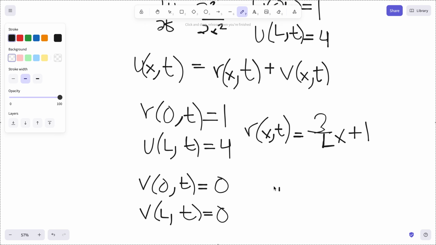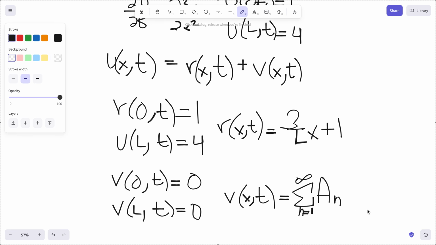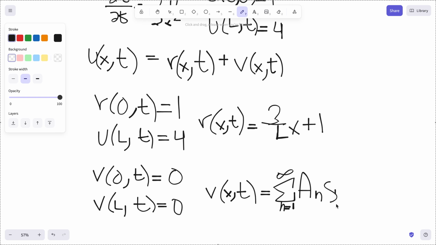So v of x comma t is now equal to the sum from n equals 1 through infinity of a sub n sine of n pi over L x.